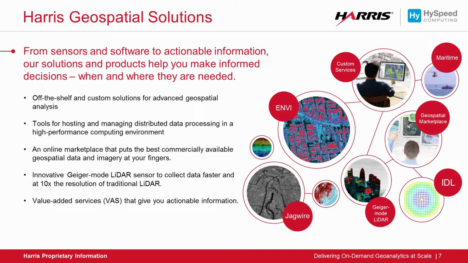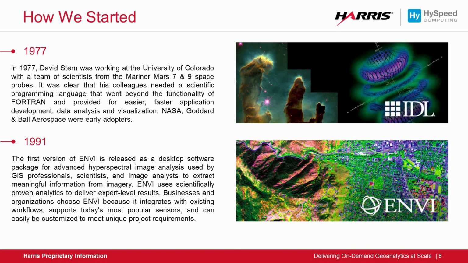We've been focused on ENVI and IDL, which are some of our core products here, but we've also recently added, because of the Harris acquisition, a number of other wonderful sensors like Geiger mode LiDAR and Jaguar. I think it's important to know that we've been doing this for a long time. Back in 1977, we were born, and that's part of our IDL language.